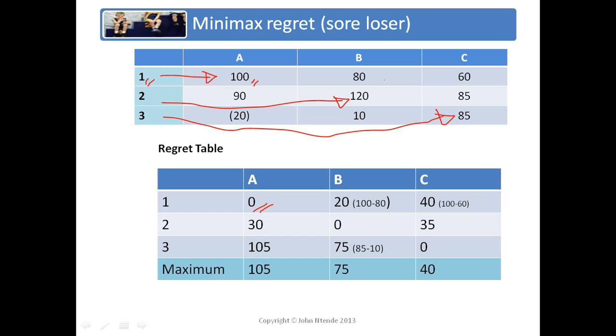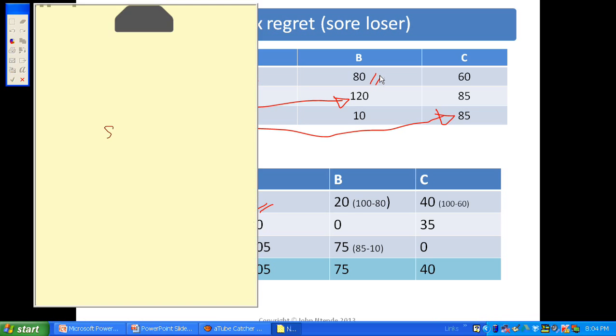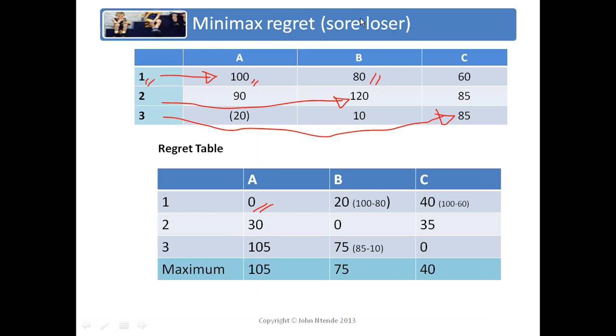But let's say I choose project B. The profit under B is 80. But had I chosen project A, I would have made 100.